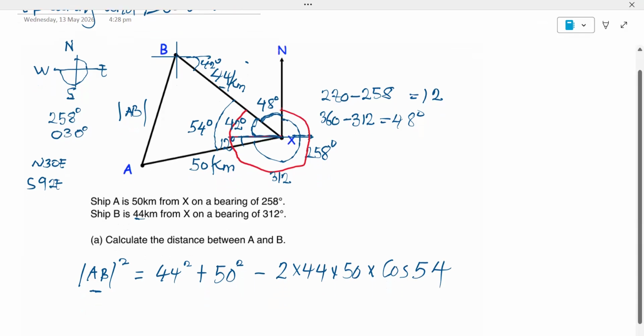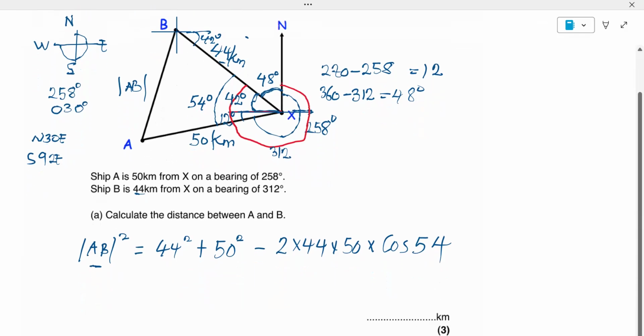So now this is going to be enough for us to find the value of that particular angle. So let us quickly do the calculations in there.